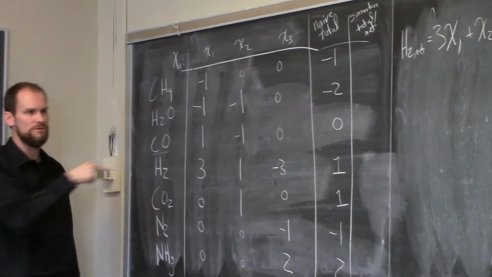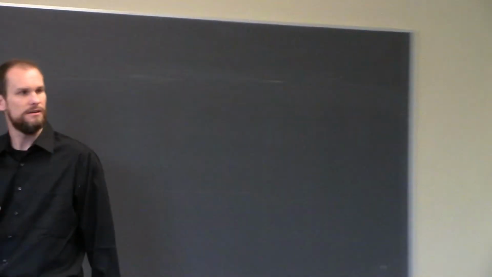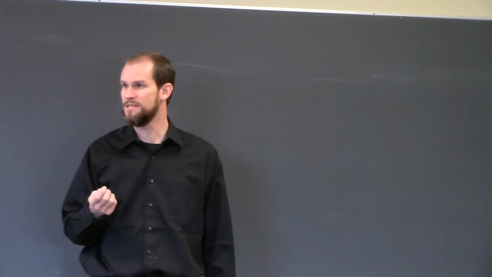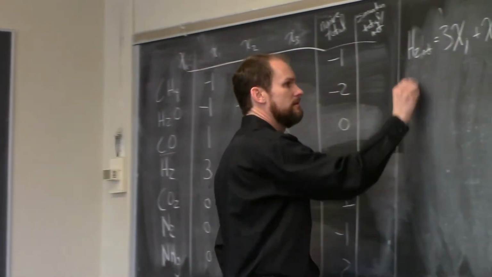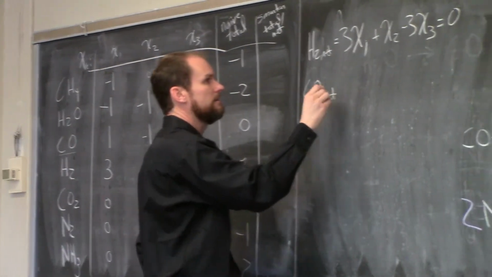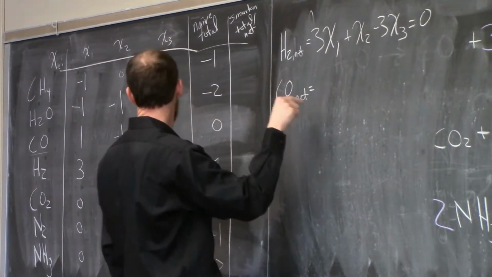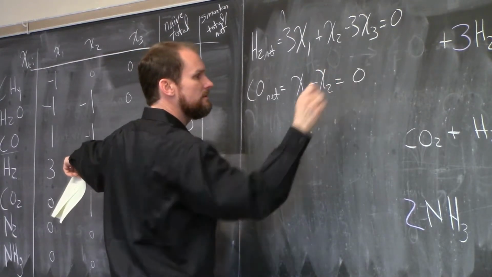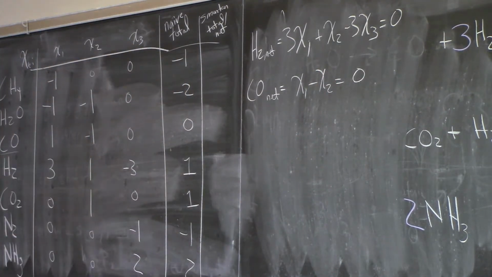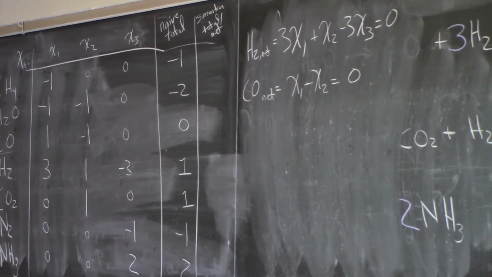CO is another intermediate. Do we want to produce any CO? No, so let's get rid of the CO. CO net equals Chi1 minus Chi2 equals 0. That's helpful.